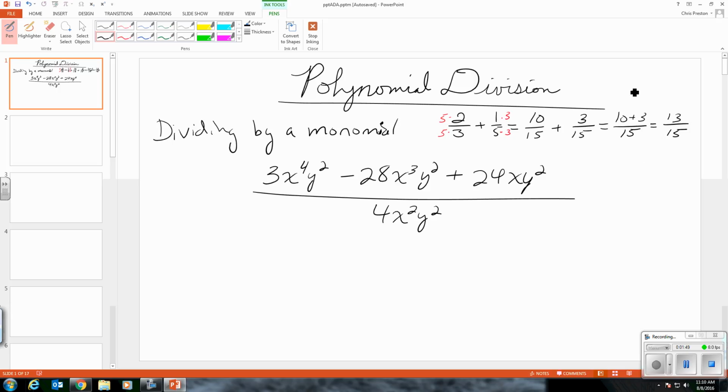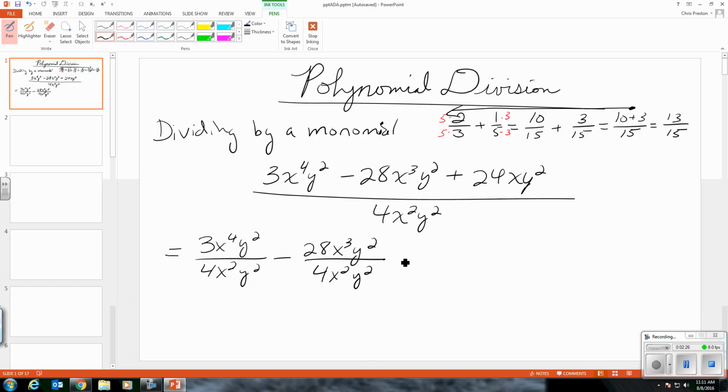What we're looking at here is really like this (10 plus 3) over 15, and we're going to go this way with it. We're going to split it up into separate fractions with the same denominators, and then reduce those fractions individually. So we say 3x to the 4th y squared over the common denominator 4x squared y squared, minus 28x cubed y squared over that shared denominator, plus 24xy squared over 4x squared y squared.